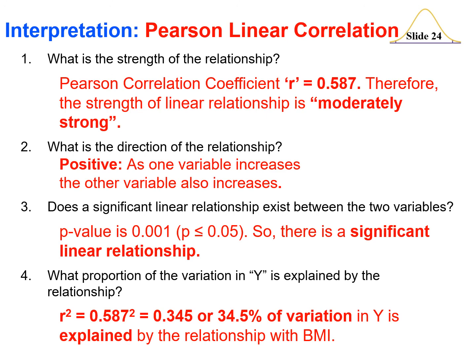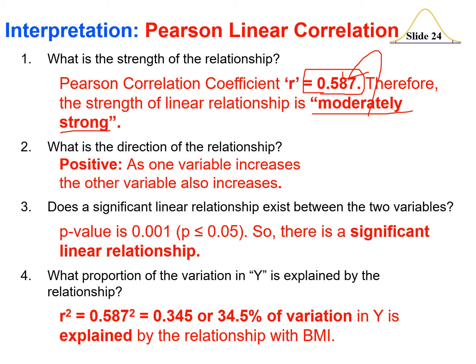What is the strength? The Pearson correlation coefficient, small r, is 0.587. Therefore, the strength of the linear relationship is moderately strong. This is the answer to the first question.